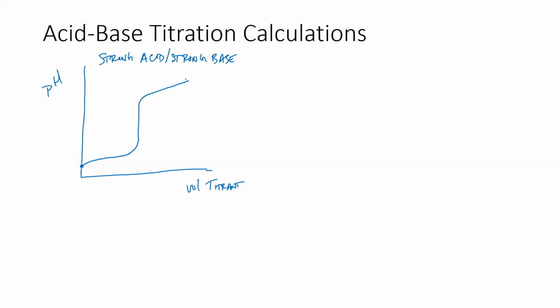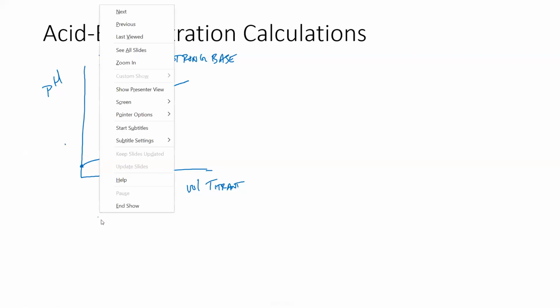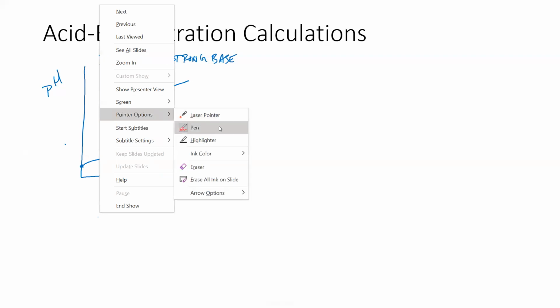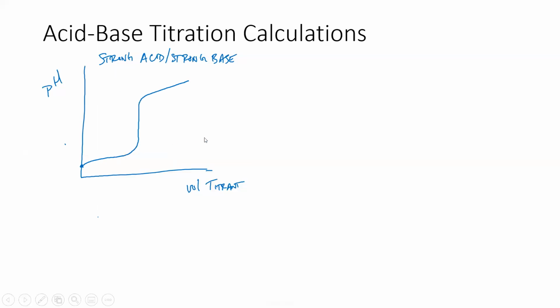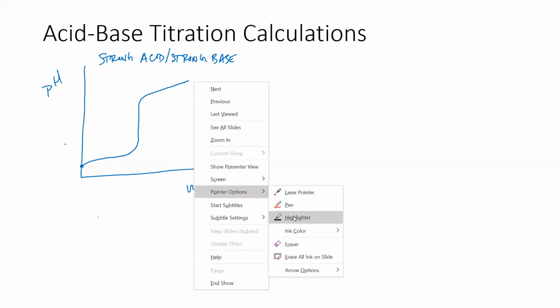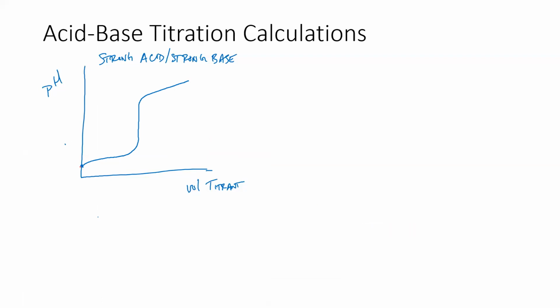And so in a titration curve like this, we're really interested in 4 data points. Let me put those in a different color here. We're interested in 4 points.